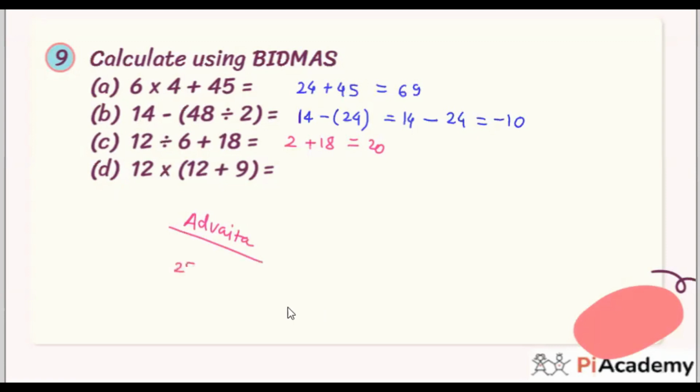Okay, 252. Hani, what is your answer? My answer, I'm not sure. Okay, sorry, then why are you not solving? You have to solve, right, Hani? Okay, no problem. Dhruv, what is your answer of this question? 252. Okay, so most of the answers I am getting are 252.